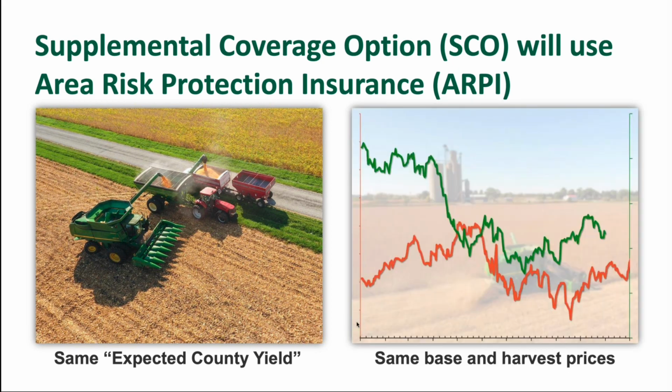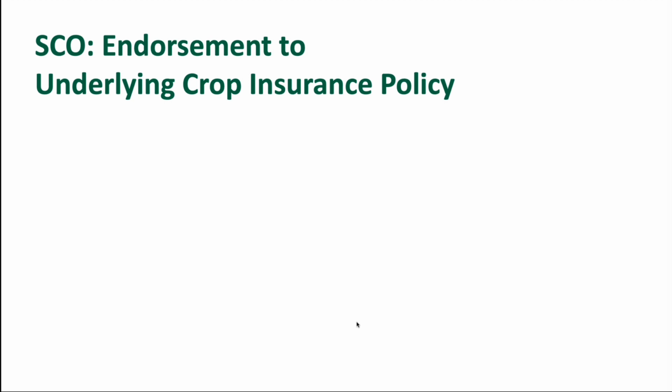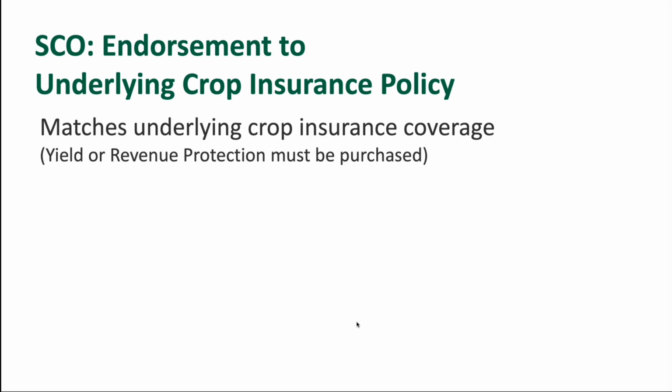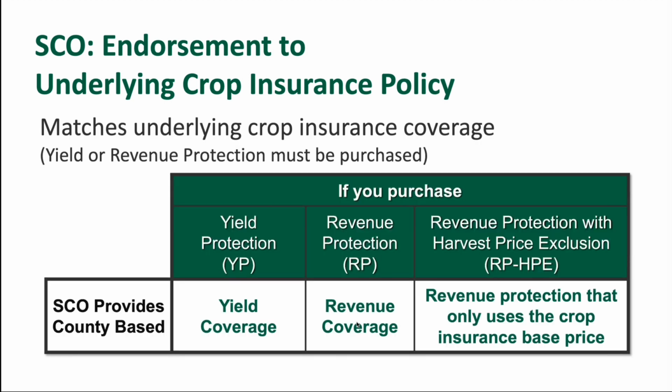Since it's going to operate similarly to those county-based crop insurance policies, of course it will use the same expected county yields those policies do, and the same February average corn and bean prices and October averages that crop insurance uses to set their base and harvest price guarantees. It will simply give you additional county-based coverage on top of what farm level coverage you're buying.